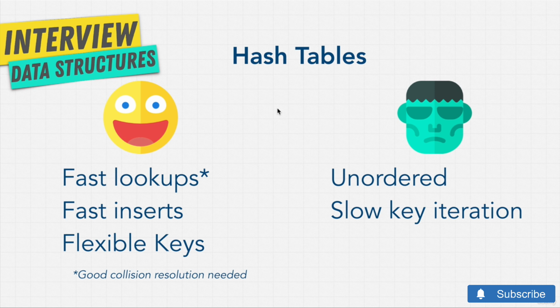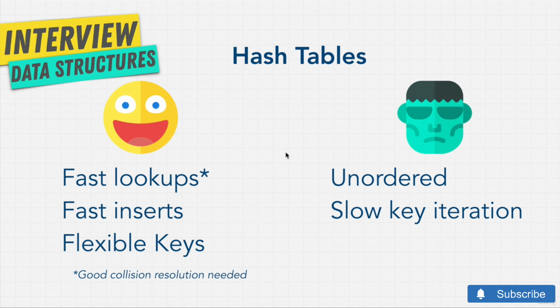In this section, we learned that hash tables have really fast lookups, but remember, we need a good collision resolution. Usually, we don't need to worry about this because our language and computer underneath the hood take care of that for us. It allows us to do fast inserts, and depending on the type of hash tables, such as maps in JavaScript, we can have flexible keys instead of an array that has 0, 1, 2, 3, just numbered indexes.